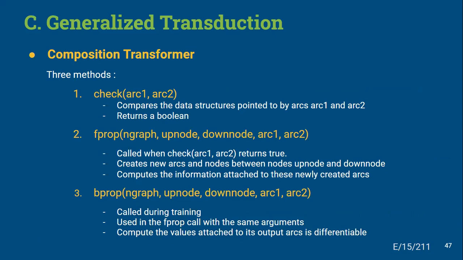This creates new arcs and nodes between up node and down node in the output graph and computes the information attached to these newly created arcs. The bprop method is called during training and used in the fprop call with the same arguments and computes the values attached to its output arcs.